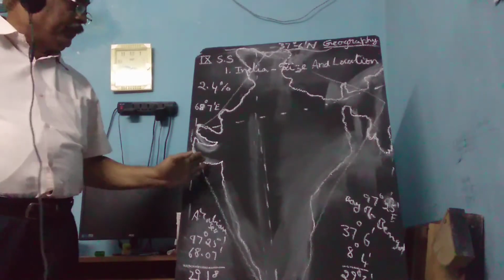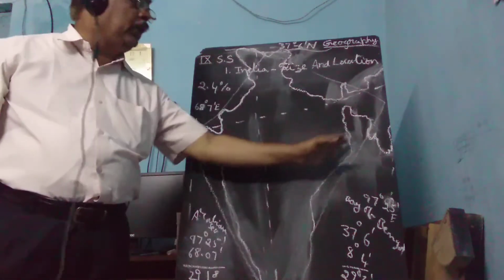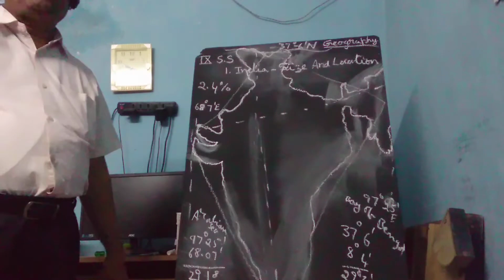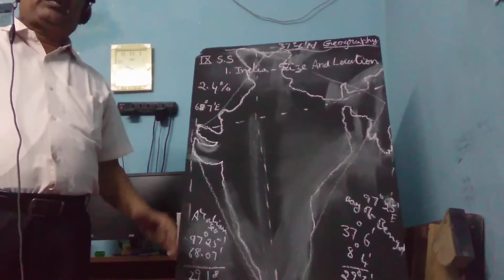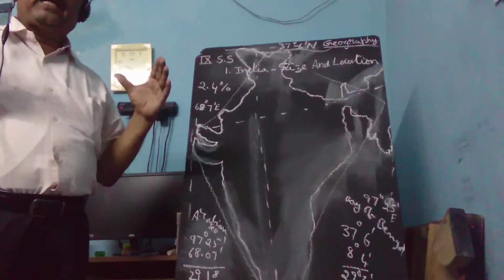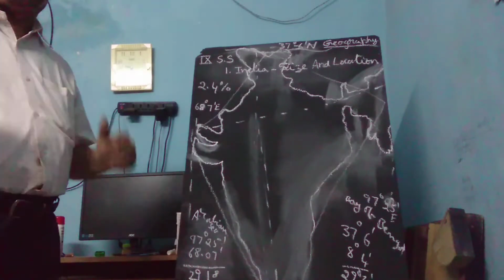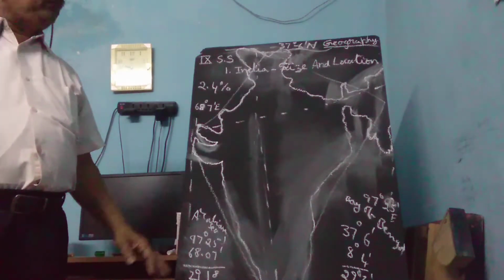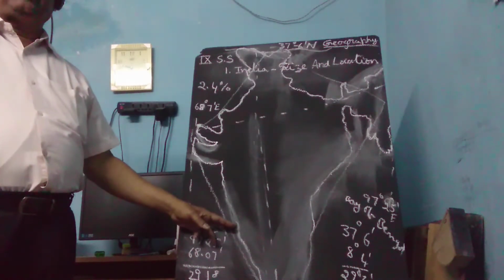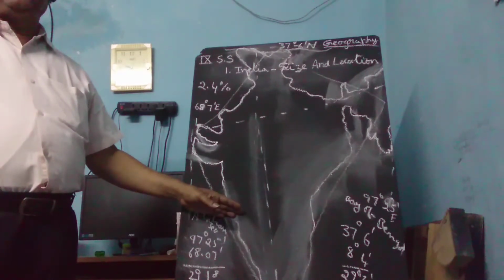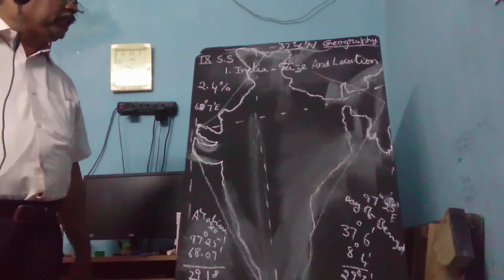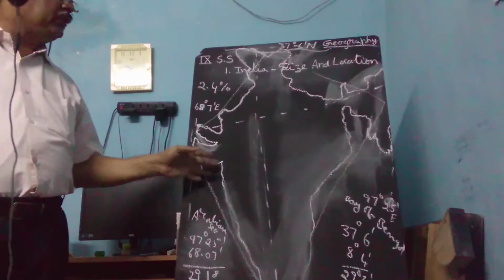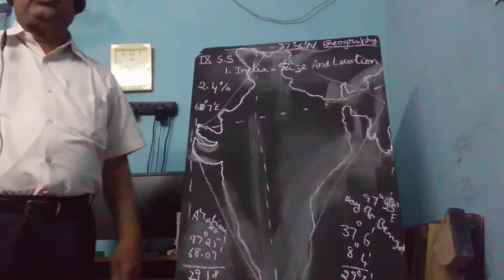This way, southern peninsular India also occupies a place of strategic importance. It is very useful for India to participate in world trade. You know that no country has such a lengthy sea coast.